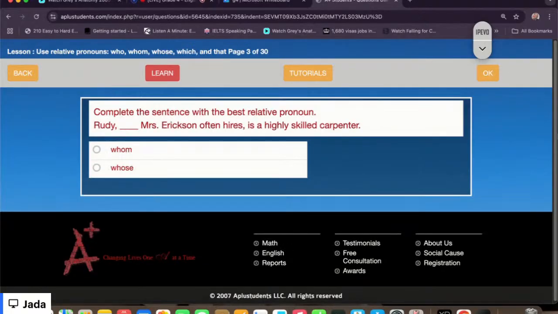Ready, dash Mrs. Erickson often hires is a highly skilled carpenter.